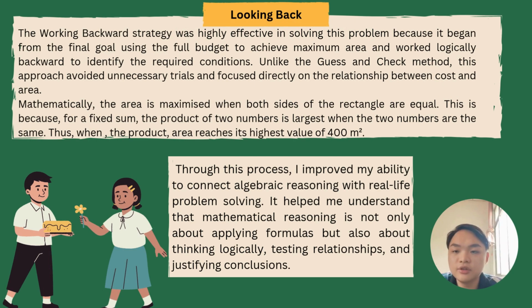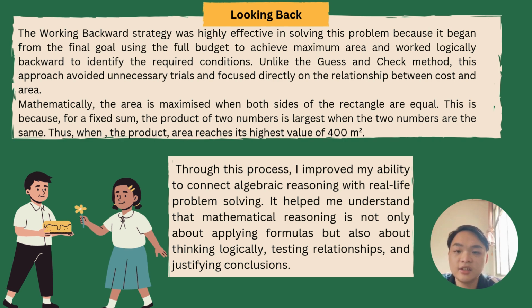And now we do the last step, which is looking back. The working back strategy is highly effective in solving this problem because it began from the final goal, using the full budget to achieve maximum area, and worked logically backward to identify the required condition.